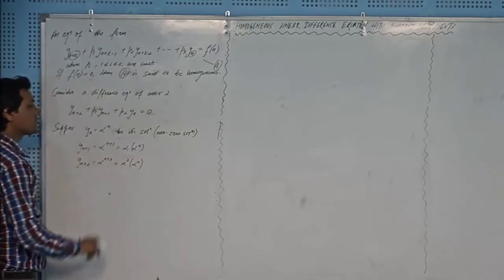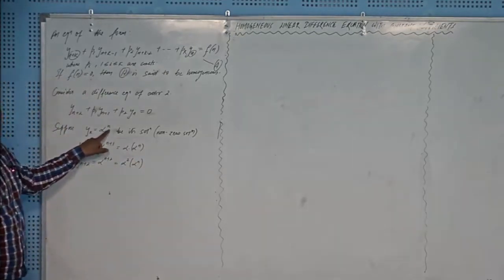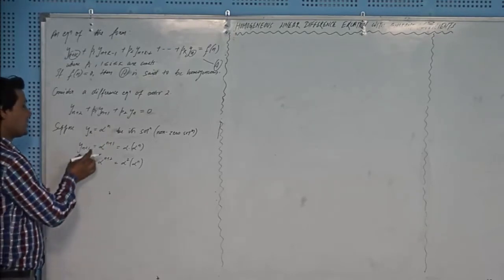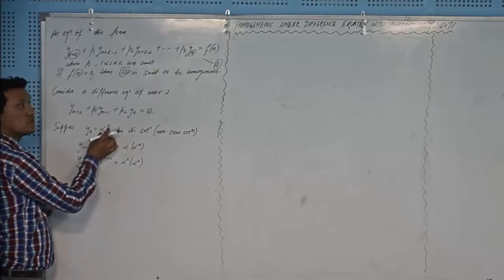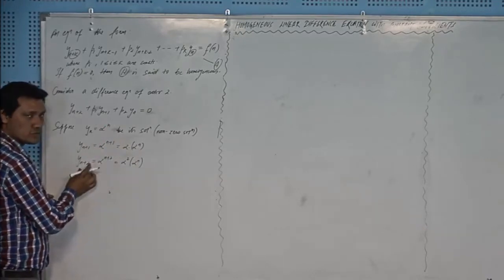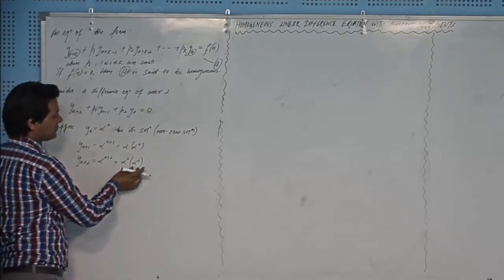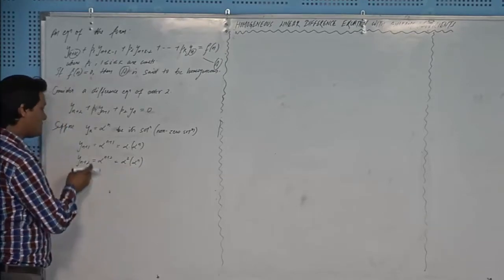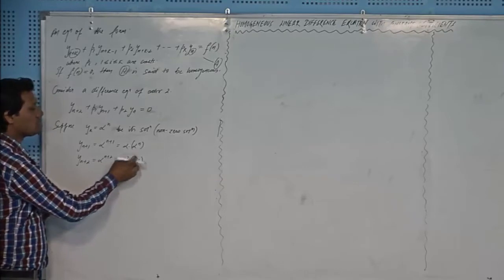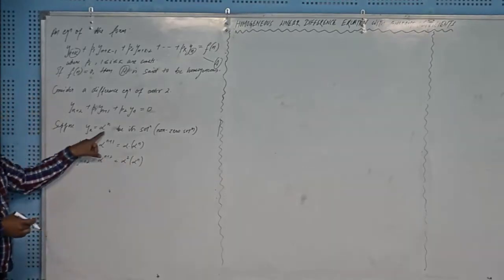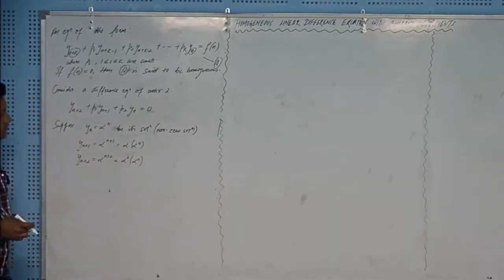This is the reason why we have chosen alpha to the power n, because if I calculate y(n+1), that will be a constant times the original function. If I calculate y(n+2), that will again be a constant times the original function, and for y(n+k), that will be alpha to the power k into alpha to the power n. That's why we have chosen this function especially, right?